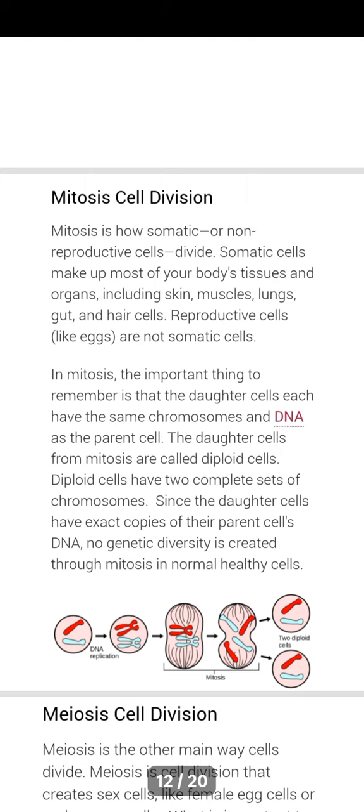If I ask about the number of chromosomes, we say it has the full set of chromosomes. This is diploid, meaning 2n number of chromosomes. And if I ask whether the offspring and the parents are identical, yes, the parents and offspring are identical in mitosis.